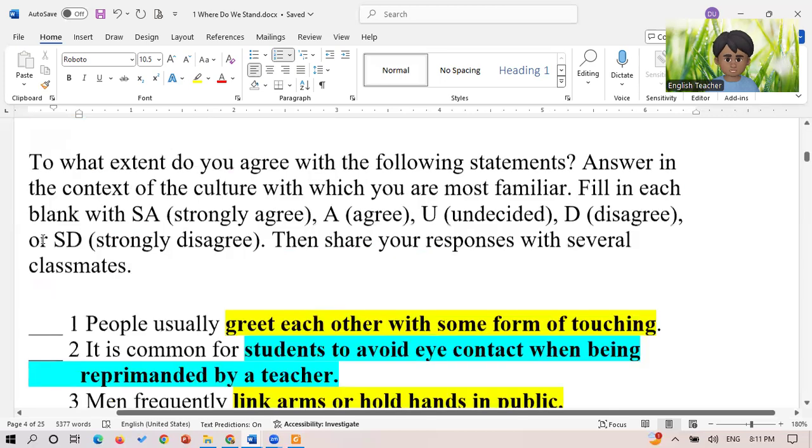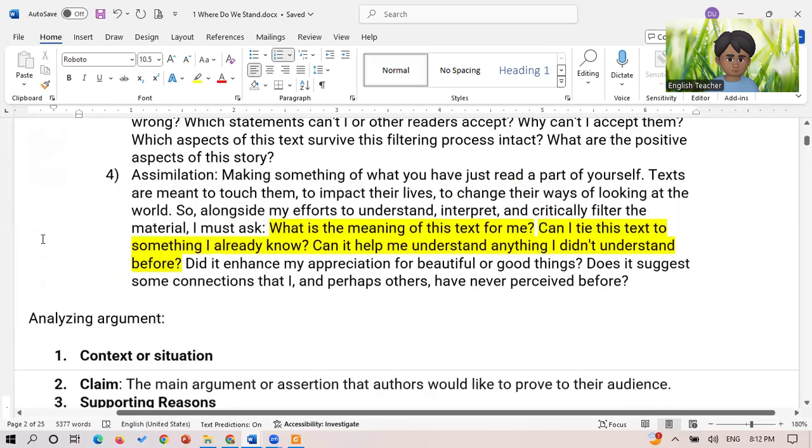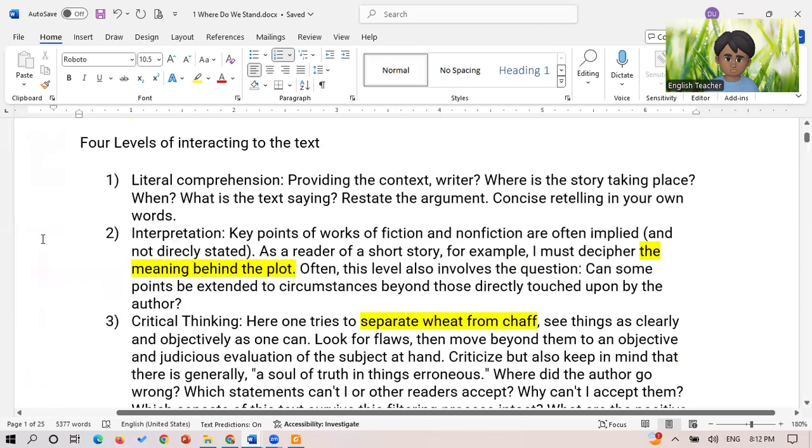So as you come back to the point we were discussing, what is the text saying? I showed you, restate the argument. The line I showed you in paragraph 4, that is the major argument of this essay. And you have to tell the same argument using other words, and that is called literal comprehension.